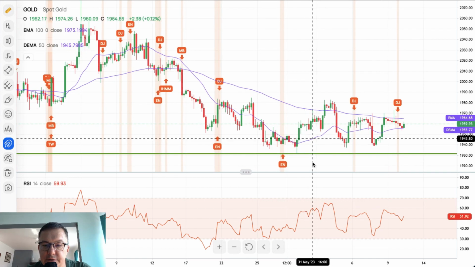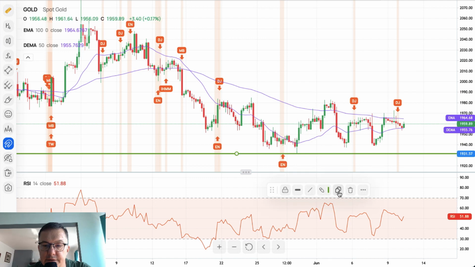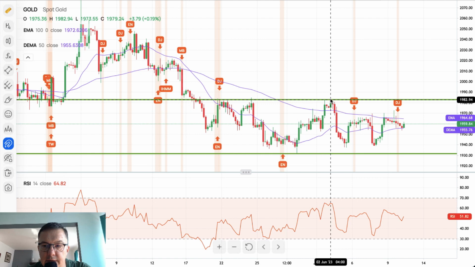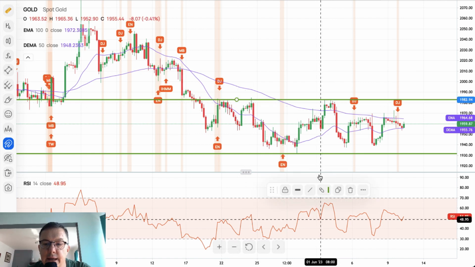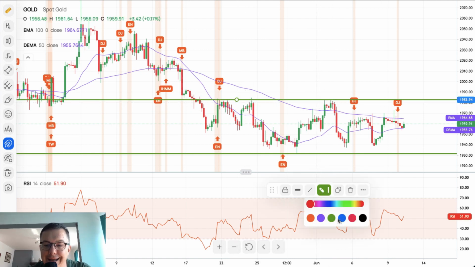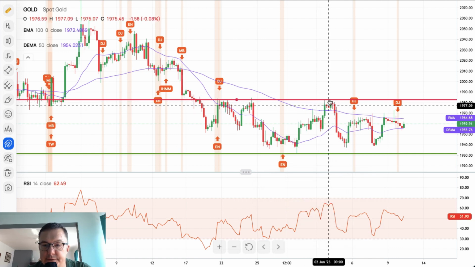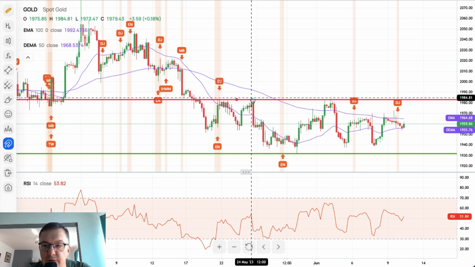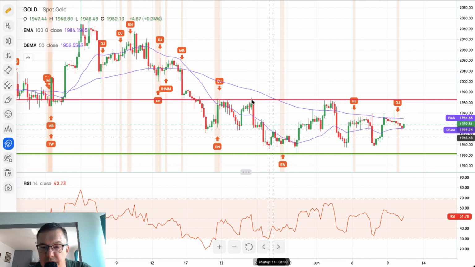We got this situation here. 1,982 is the range high, and the upper level, of course, is upper side technical resistance. Maybe 1,984 will be the technical resistance as well, but that's only about $3 higher, so it doesn't make that much difference anymore.